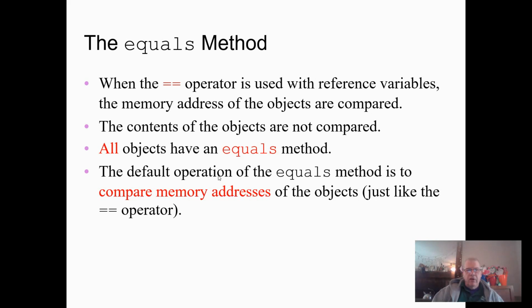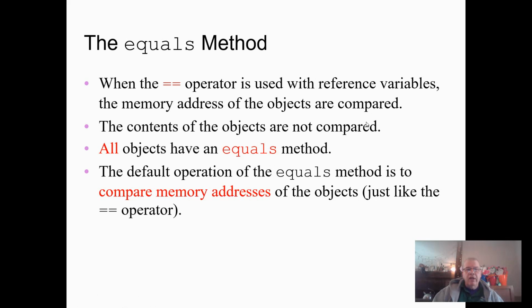When it's used to compare primitive variables, it looks at the primitives and returns true if those two primitives are equal, false if they're not. When it's used with reference variables, in other words, variables that hold memory addresses, it compares the actual memory address of the object. So the contents of the objects are not compared. That's what the equals method is for.